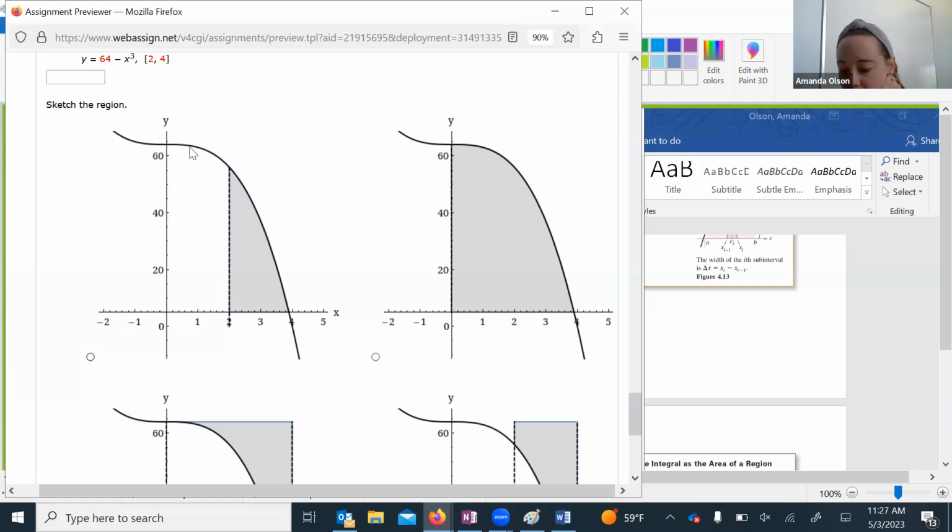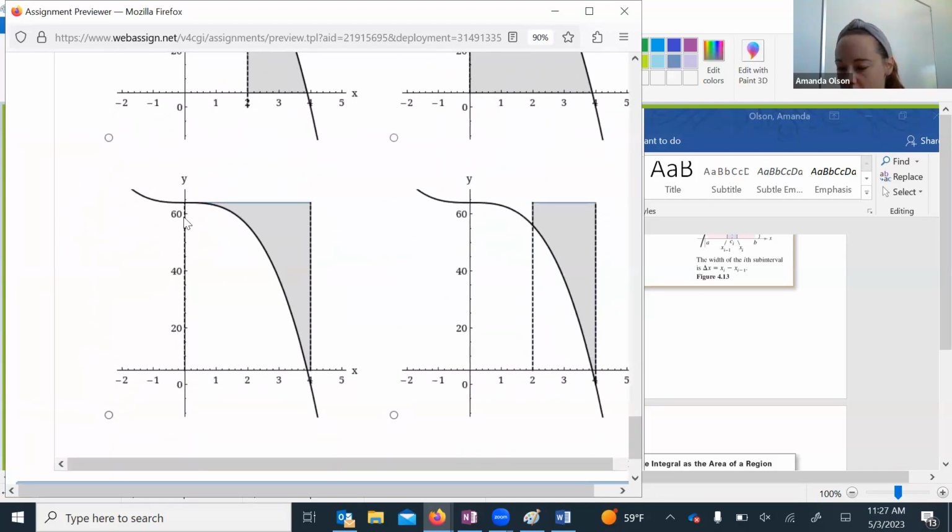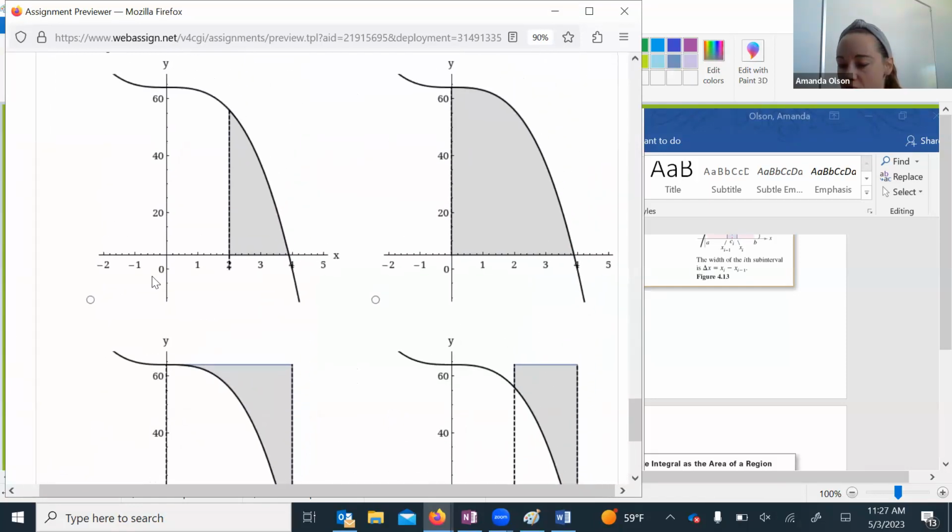Because it goes from 0 to 4, 2 to 4, lies under the curve. The curve shape fits, this is from 0 to 4. We don't want 0 to 4. This is from 4, basically, and above. It doesn't fit, it's not under the curve. This one isn't under the curve. So then this leftmost graph would be the graph that we're looking for.